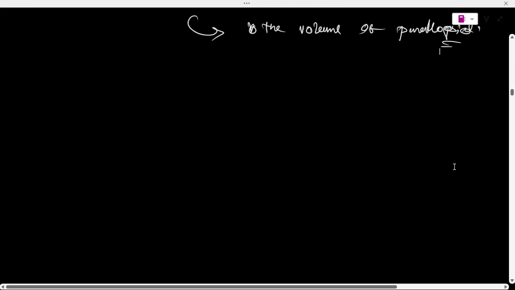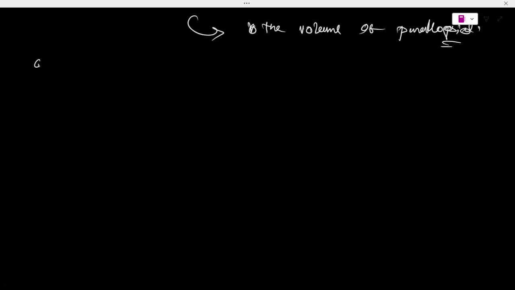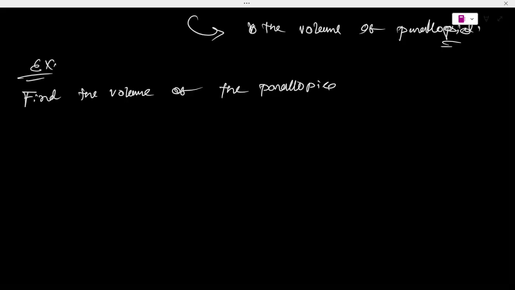Next example: find the volume of the parallelepiped.